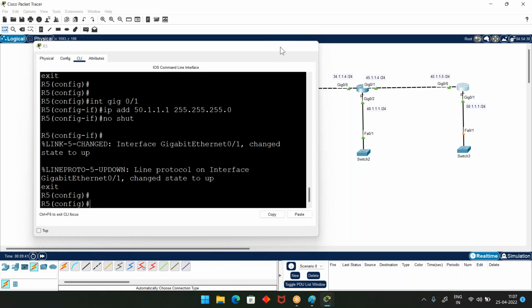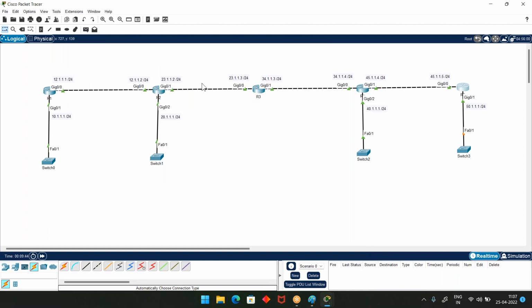Now check this. In these devices, I can configure the IP addresses as we discussed. So then what can I do this time?